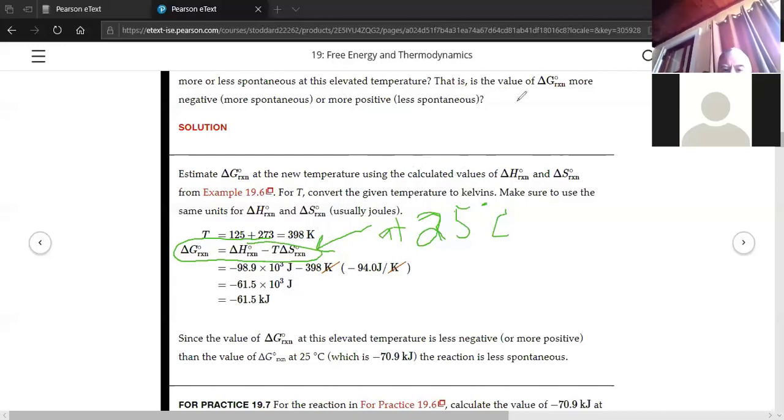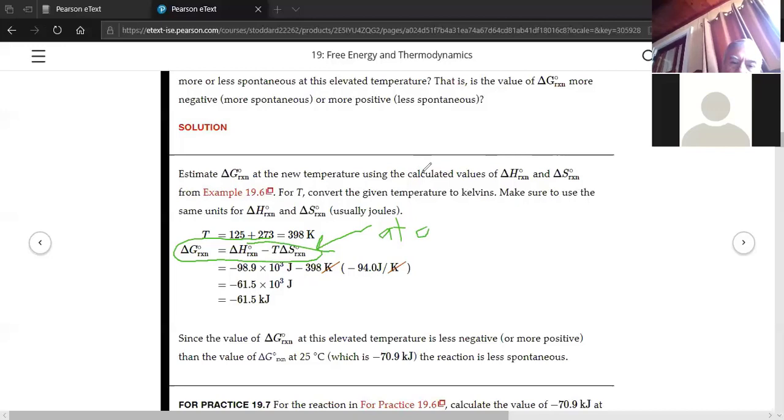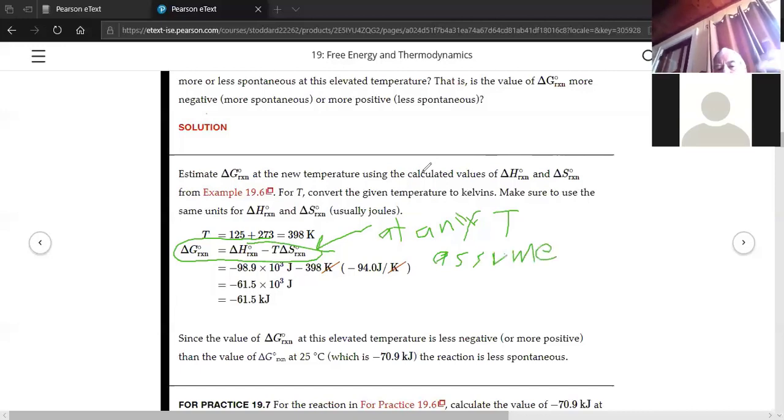So if you can assume that, then you can make an approximation that this would still be true even if you're not at 25 degrees. Any temperature, you can make an assumption that those are still valid numbers.